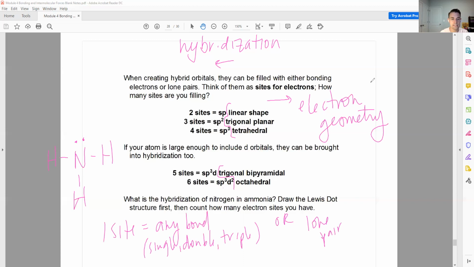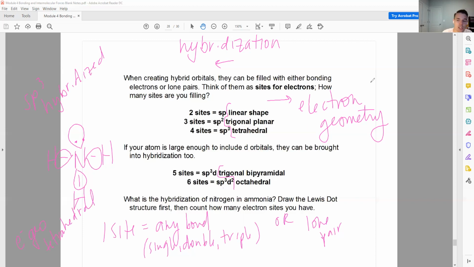So if we look at the sites, the lone pair is 1 site, 2, 3, 4. There are 4 sites or areas of electrons around the nitrogen, which therefore makes it sp3 hybridized. So that's its hybridization. So if it's sp3 hybridized, its electron geometry is going to be tetrahedral.